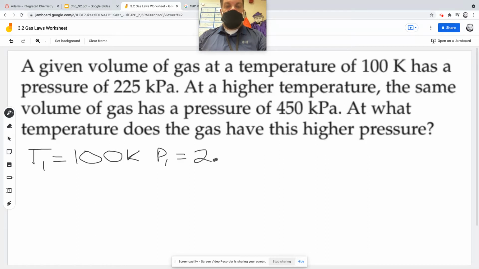And that's 225 kilopascal. That's a lowercase k, sort of. You guys have no idea how difficult it is to write on this thing. And then the same volume of gas has a second pressure of 450 kilopascal.